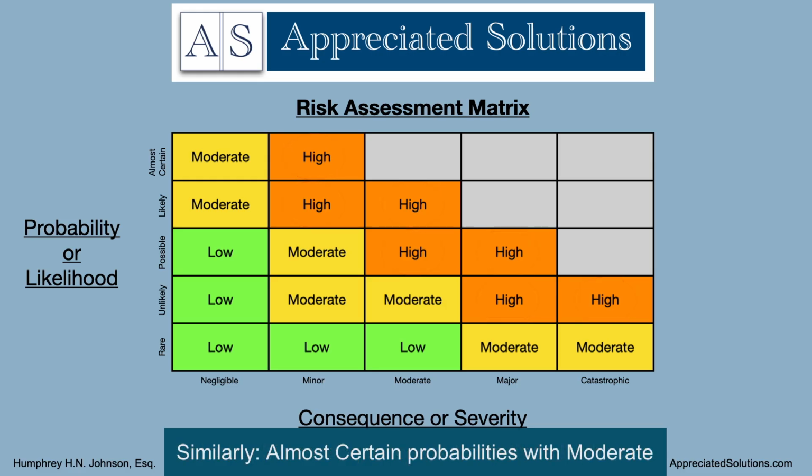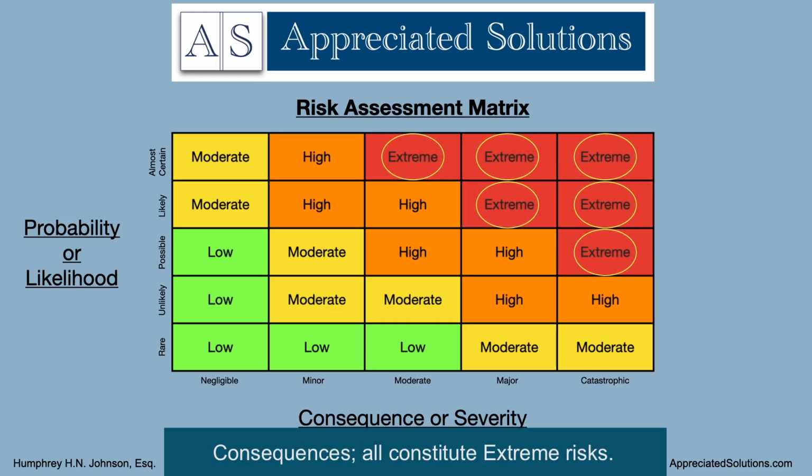Similarly, almost certain probabilities with moderate consequences, likely and almost certain probabilities with major consequences, and possible, likely, and almost certain probabilities with catastrophic consequences all constitute extreme risks.